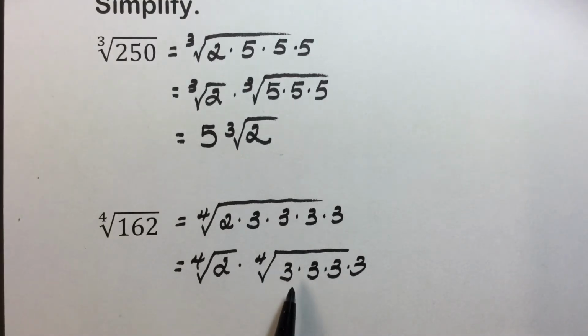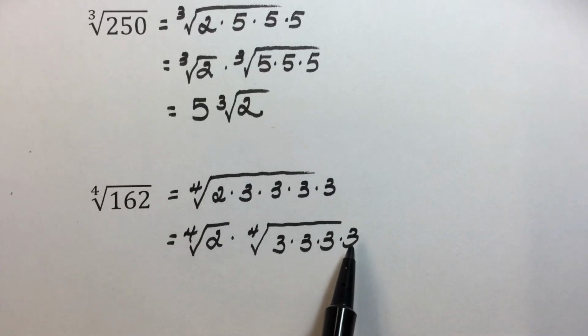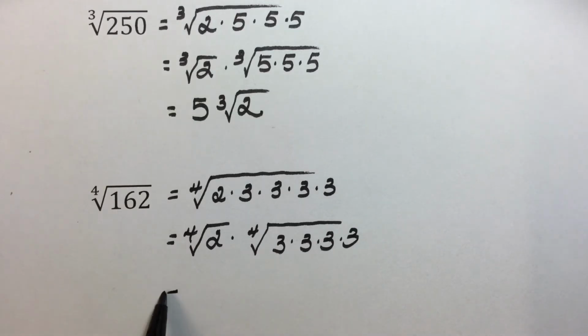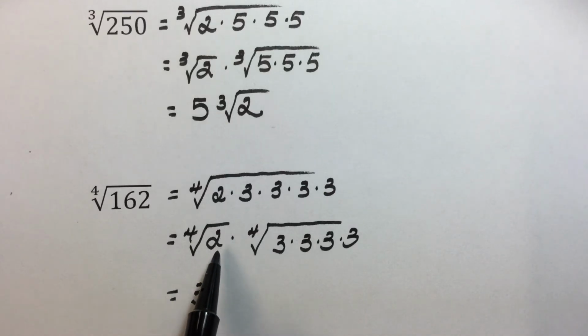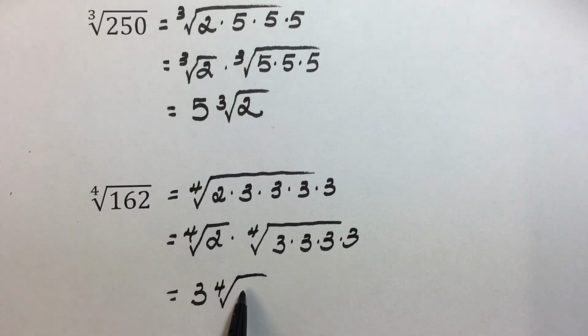The fourth root of 3 to the fourth power is 3. We'll move that out in front, and we only have 2 to the first power, a lower power than our index, and something that we can't simplify any further. So our final simplification of this radical would be 3 times the fourth root of 2.